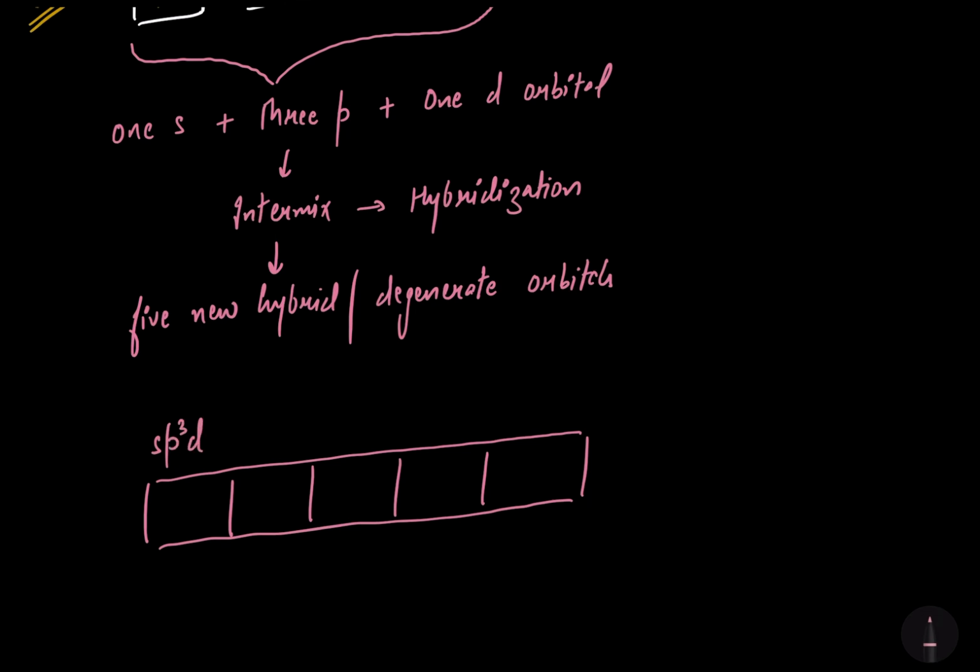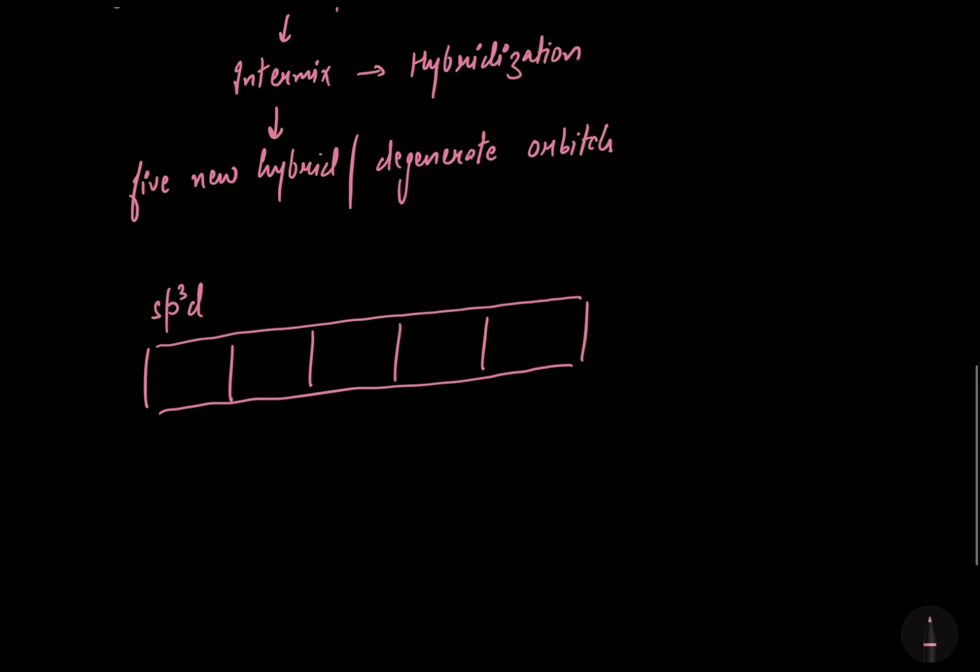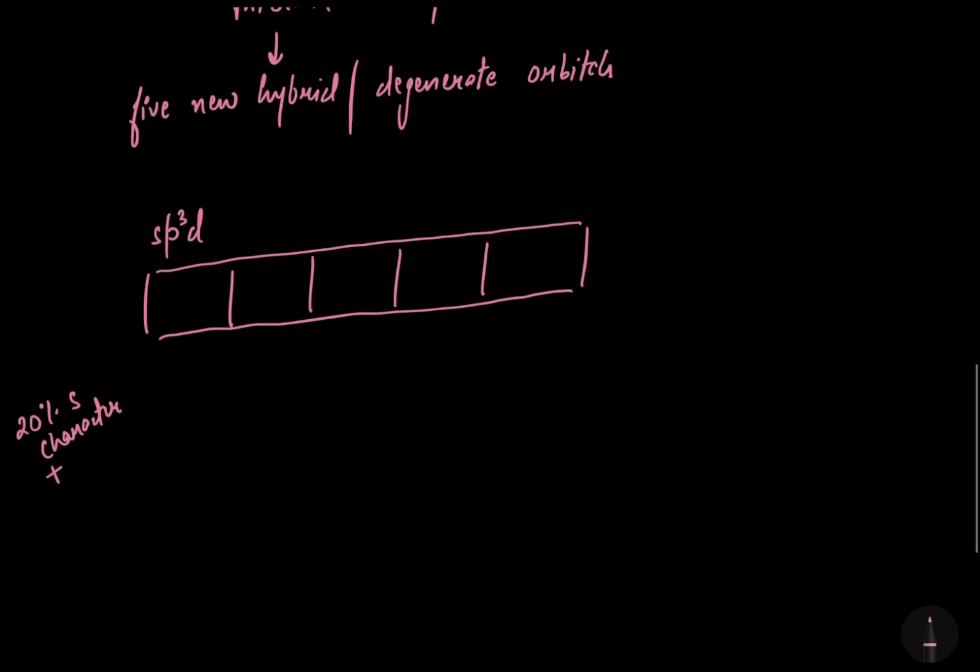So the hybrid orbital will be named as sp3d hybrid orbital, containing 20% s character plus 60% p character plus 20% d character per hybrid orbital.